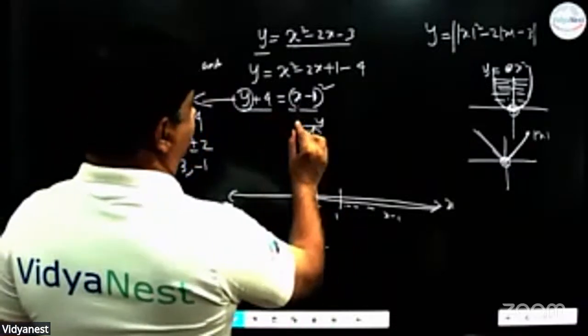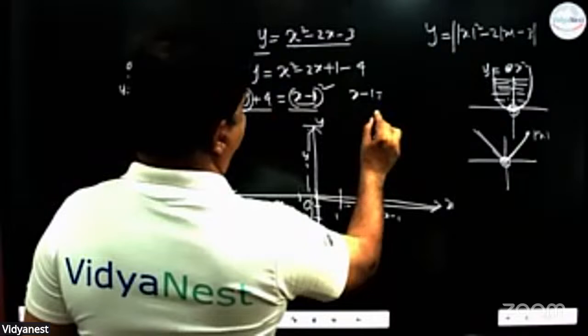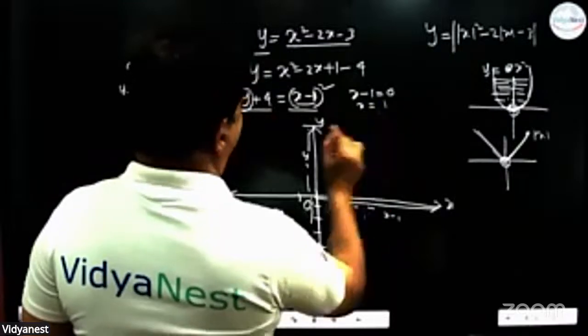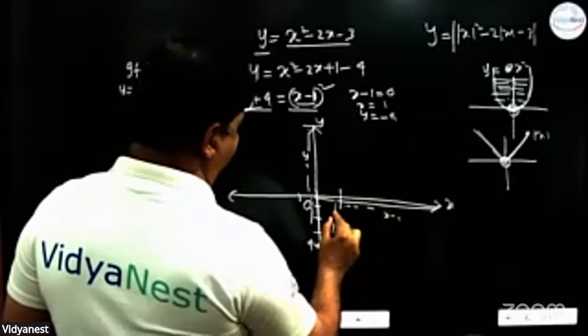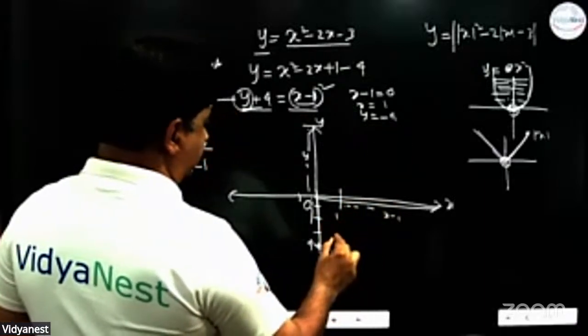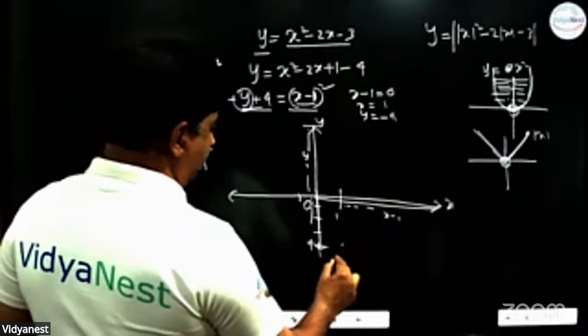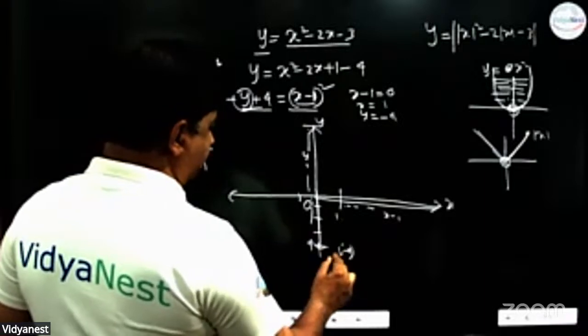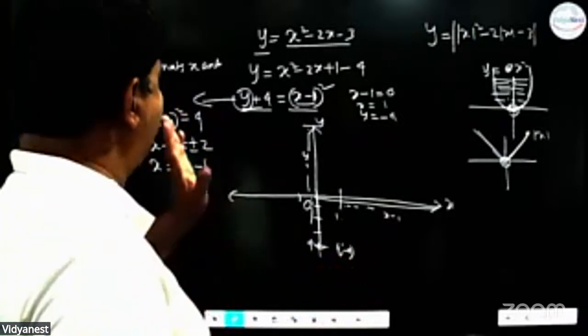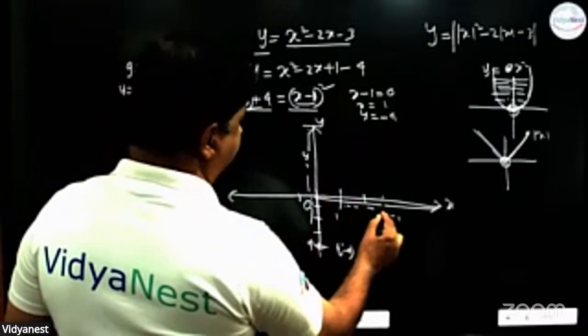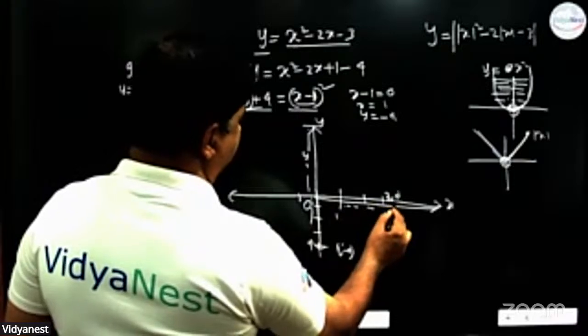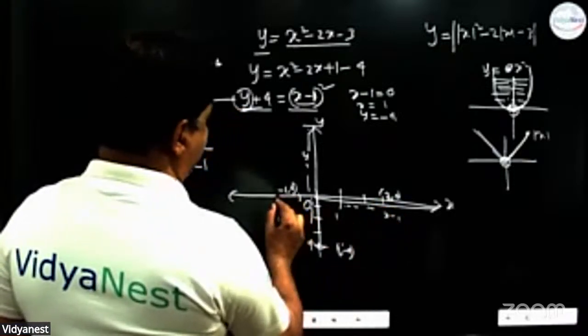So here, what is the point of symmetry? If I make this 0, x will be 1, and if I make this 0, y will be minus 4. So 1 comma minus 4. And at which points does it meet the x-axis? At 3 comma 0 and at minus 1 comma 0.